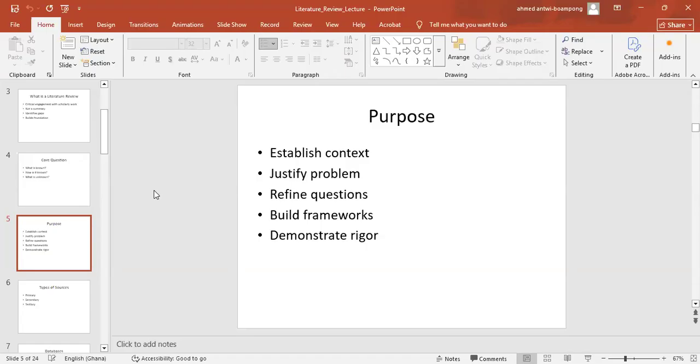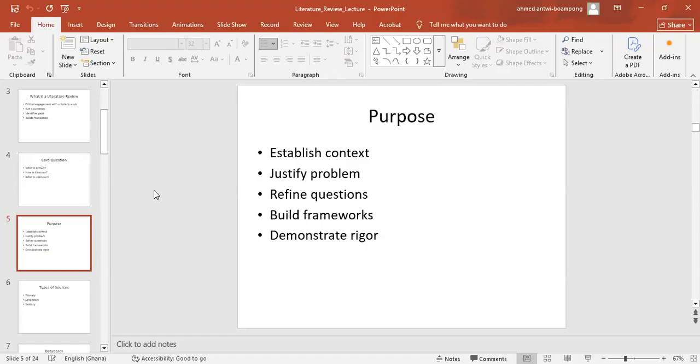So you wouldn't have a review of material that talks about what? That will be talking about, if you like, quantum physics, or maybe higher education policy in Ghana, or institutional mechanisms. No, the context will be clearly delineated. All right. It shows where your study would fit within a broader academic conversation.